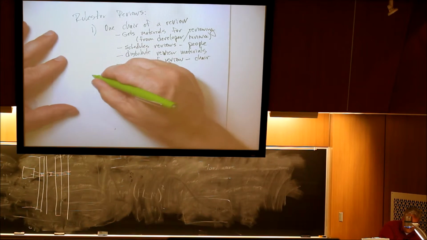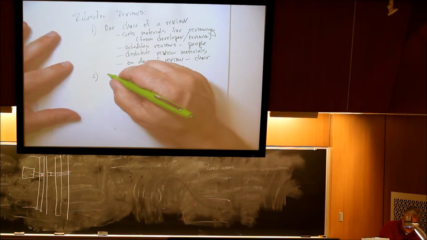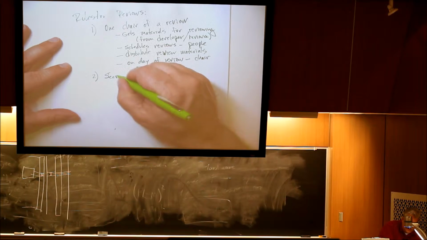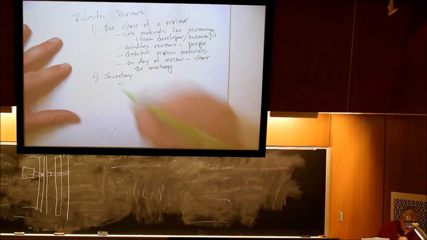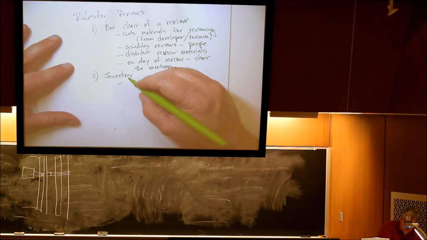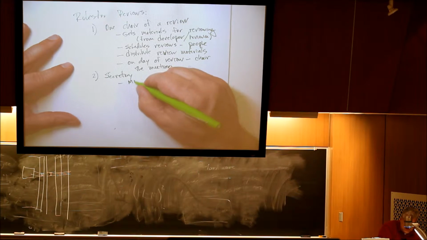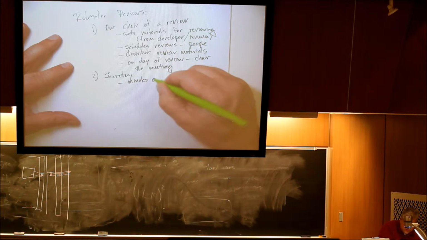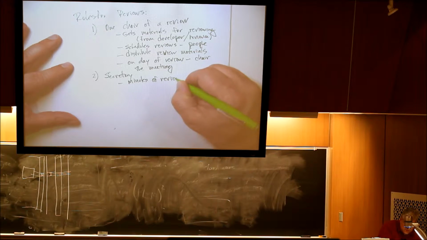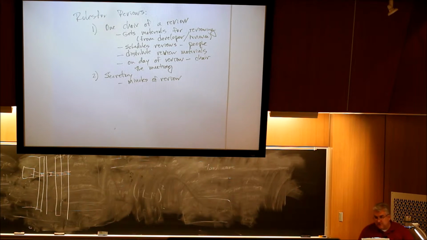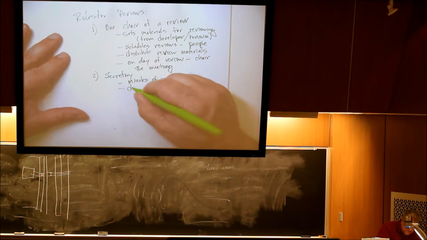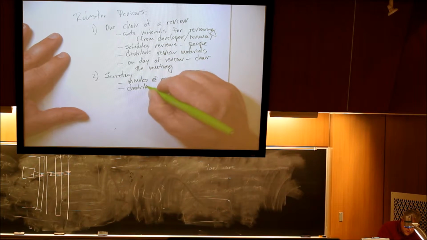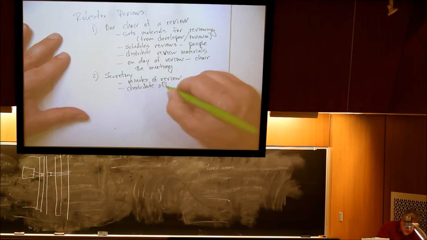There's another person who is involved, and that is the secretary. The secretary will be responsible for the minutes of the review. In other words, all of the things that people say and recommend need to be changed will be recorded by the secretary, and then they will also distribute them after the meeting.